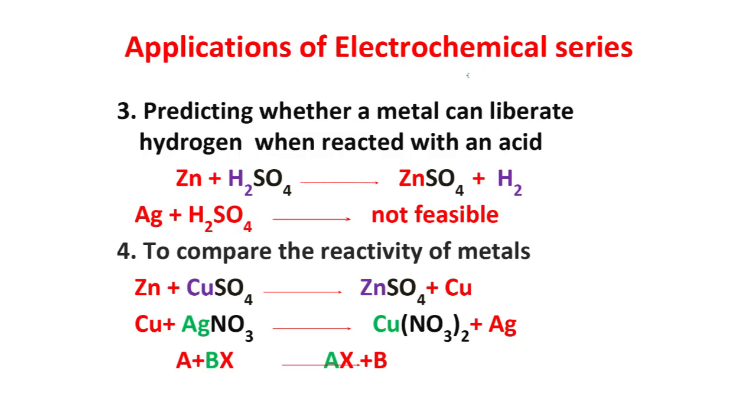That means a metal A lying above in the series can displace a metal B, lying below A in the series, from the solution of B. For example, if A combines with BX, you will get AX and B, if A is lying above B in the electrochemical series.